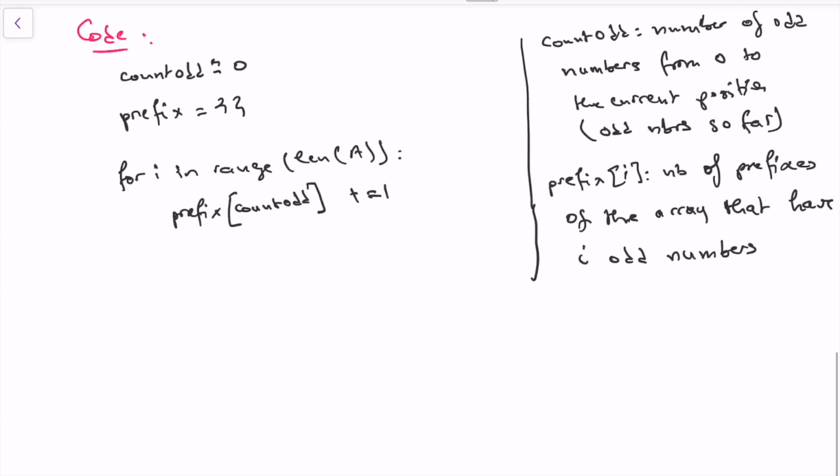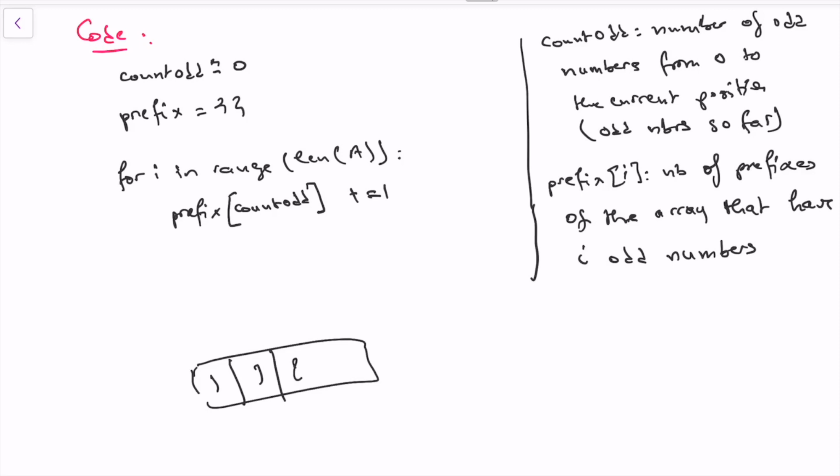So basically, if I have an array like this where you have 1, 1, and 2, so here, I'm doing I minus 1, just because arrays start at 0. At this position 0, my prefix of 0 odd numbers, so I have one array that has 0 odd numbers before that position.